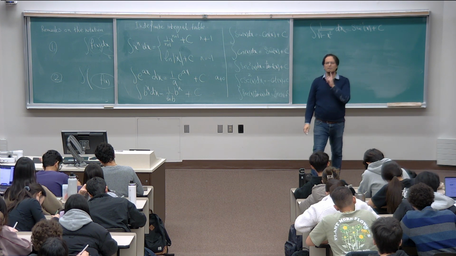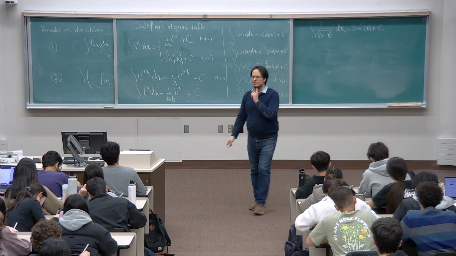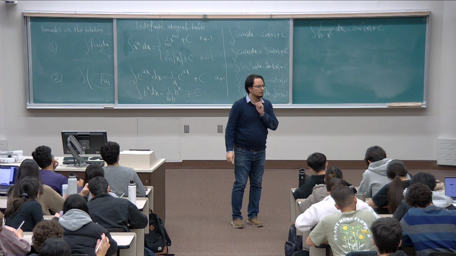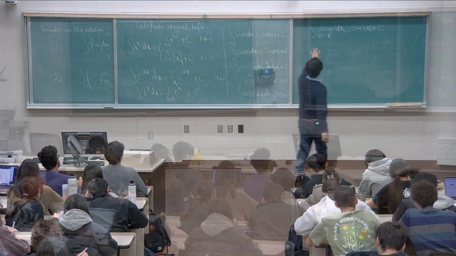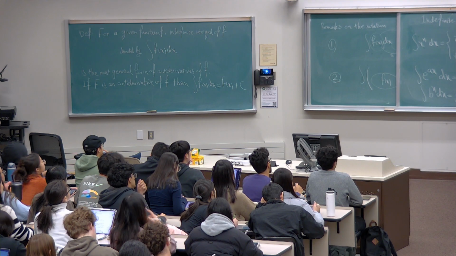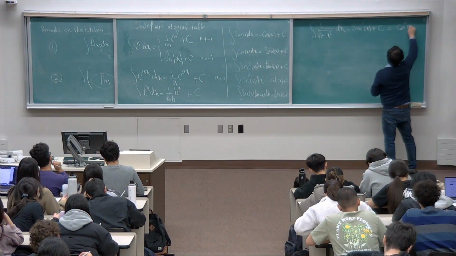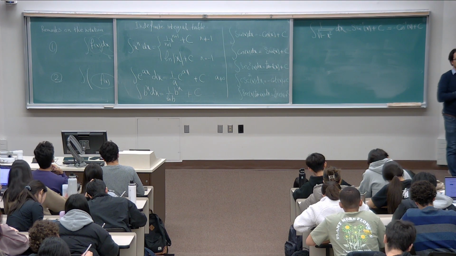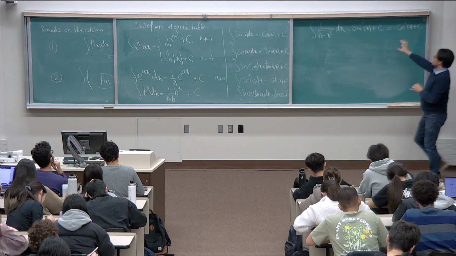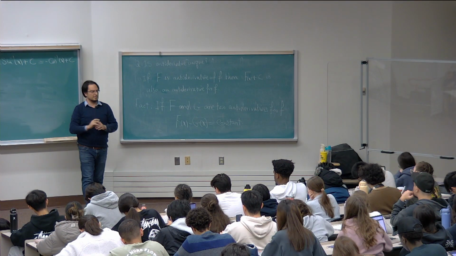Wait, what was the derivative of cosine inverse? Negative 1 over the same thing, yes? So then the antiderivative is minus cosine inverse of x plus c as well. Does this make sense? This or that? Both of them are the same thing, yes?